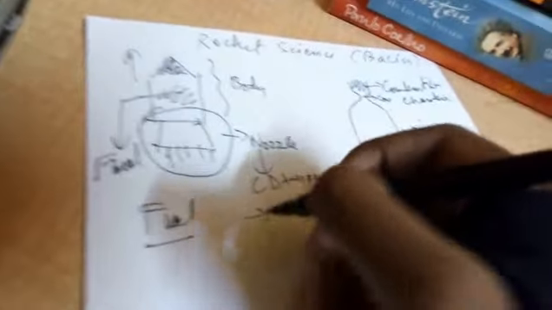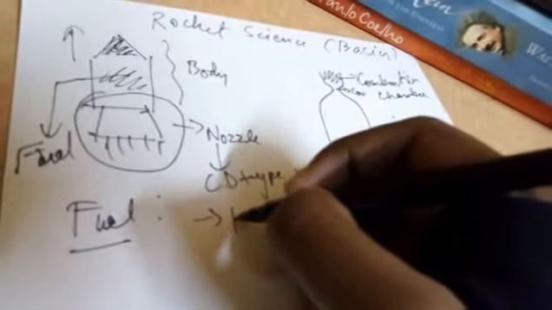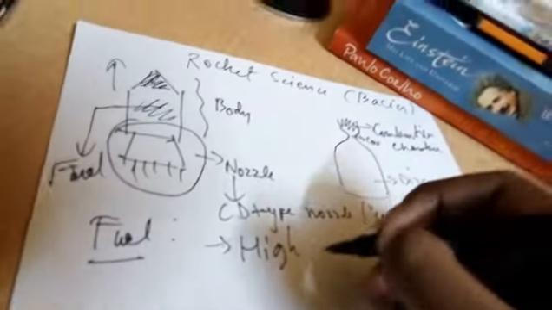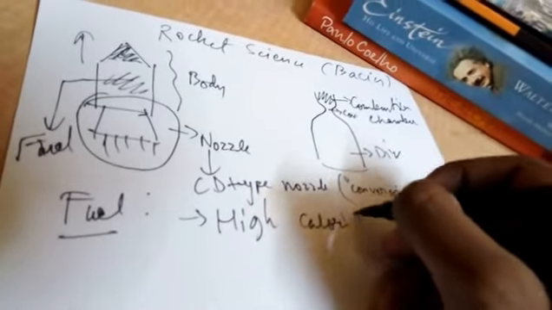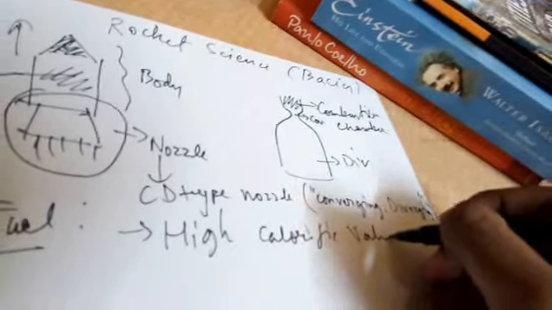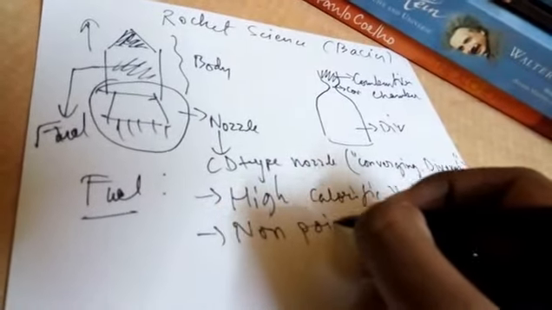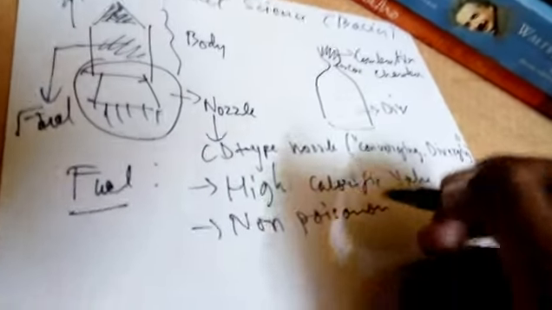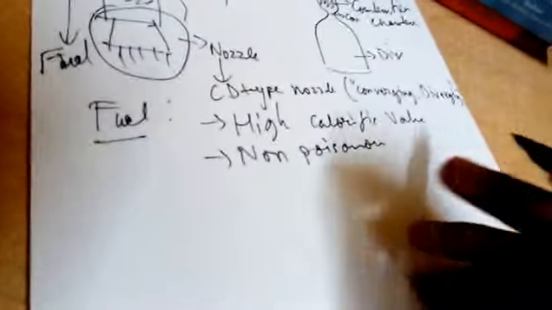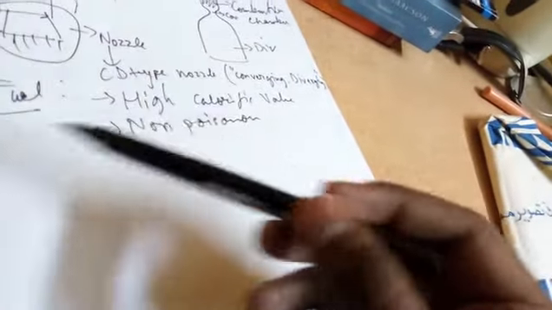The fuel must, and this is very important, have high calorific value and must be non-poisonous. Non-poisonous for obvious reasons: we don't want our environment to get damaged because of the fuel.